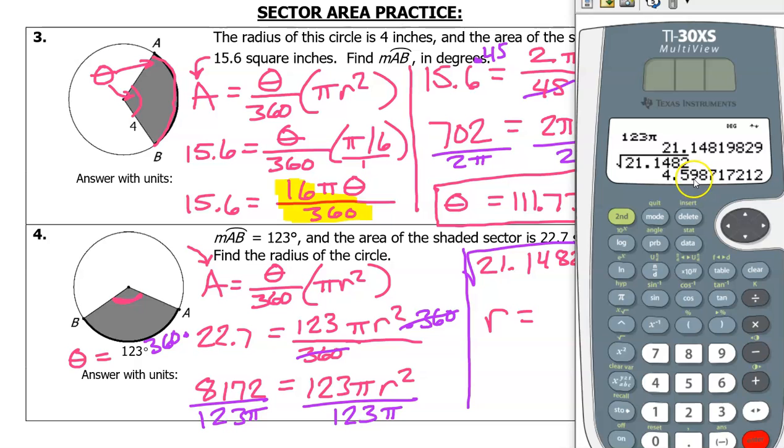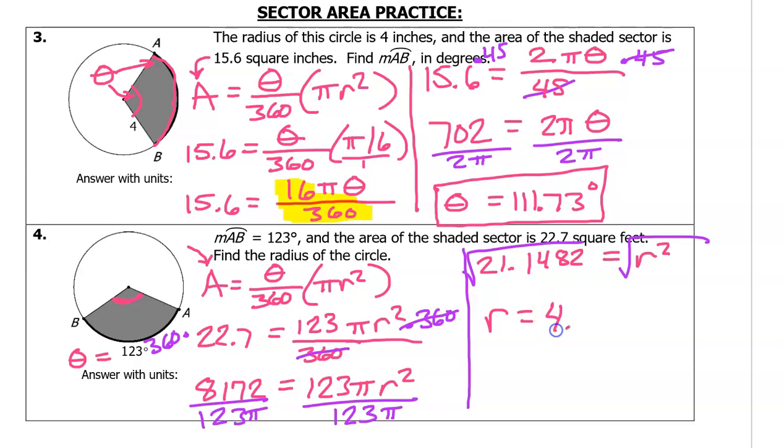Okay, so now I will round to 2 decimal places. So this is 4.59, but this will round to 4.60. And what are the units? The lengths are in feet, so the radius will be in feet.